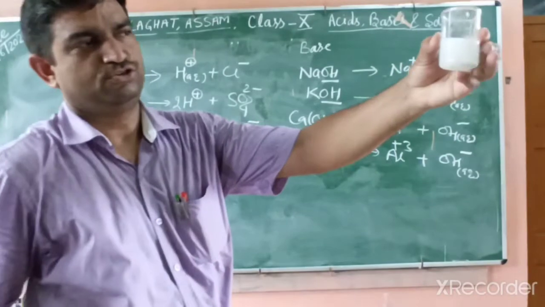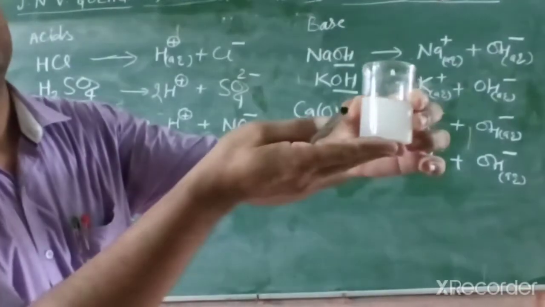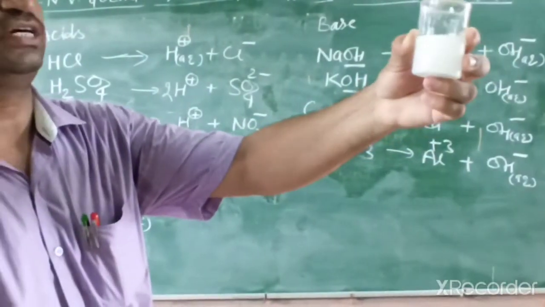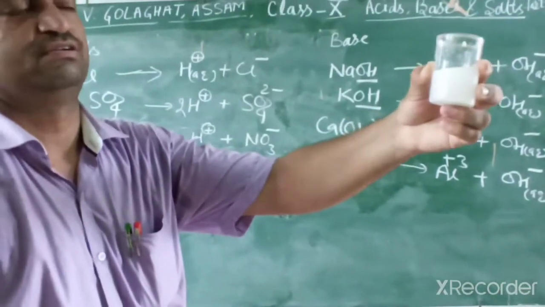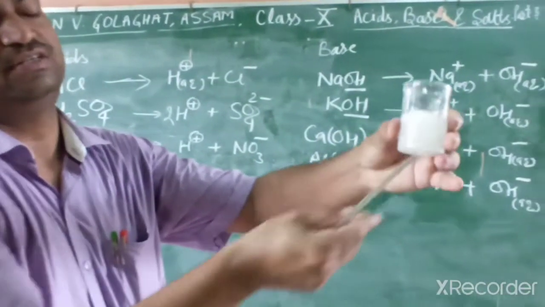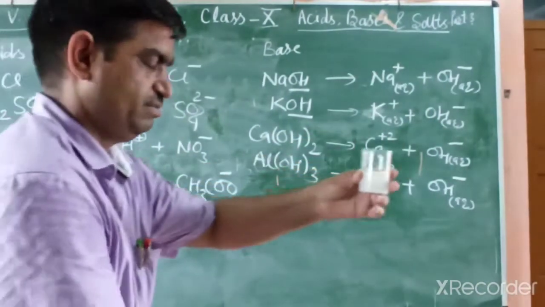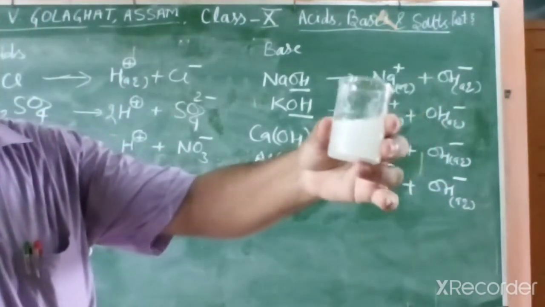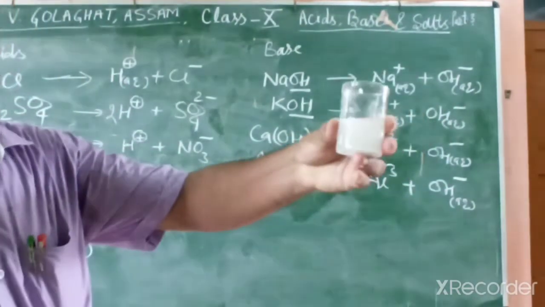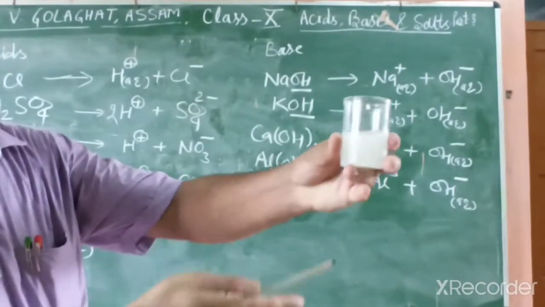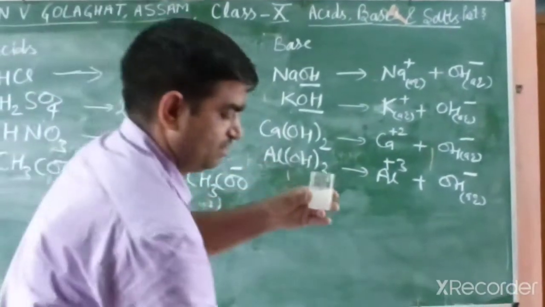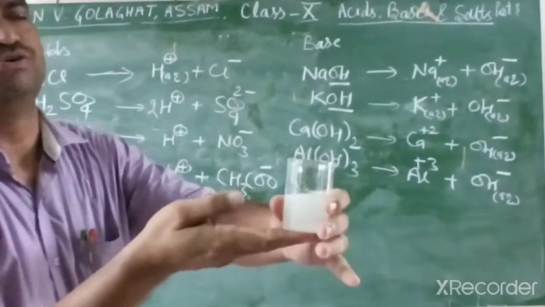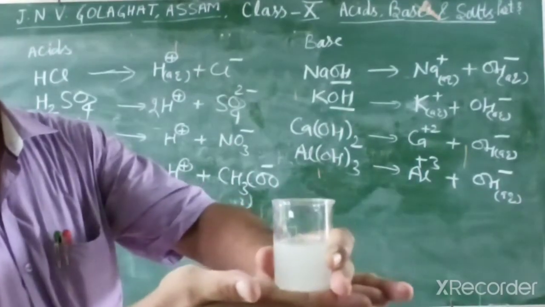This solution is very hot, meaning this reaction is exothermic, and the concentration is very high because a very large amount of sodium hydroxide has been mixed in this solution. So this is a warm solution. When we dissolve it in water, the solution becomes hot, meaning the temperature increases.